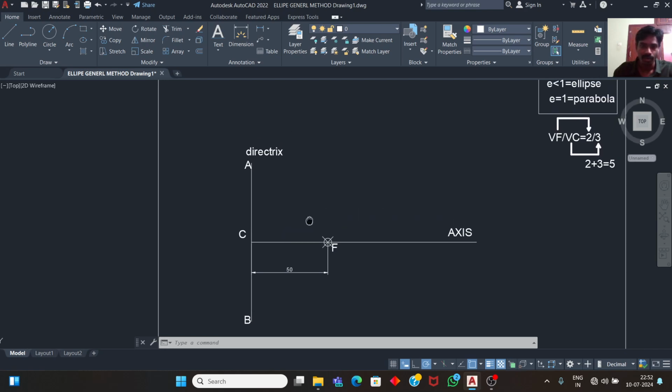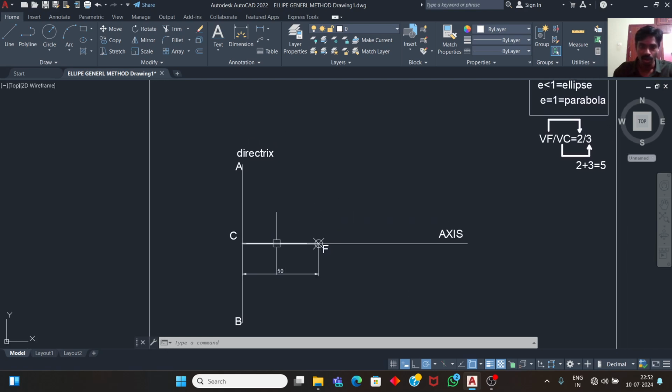Now we need to locate a vertex point on this line. For locating this vertex point, we will consider the eccentricity value. So for locating the vertex point, we need to divide this line first.